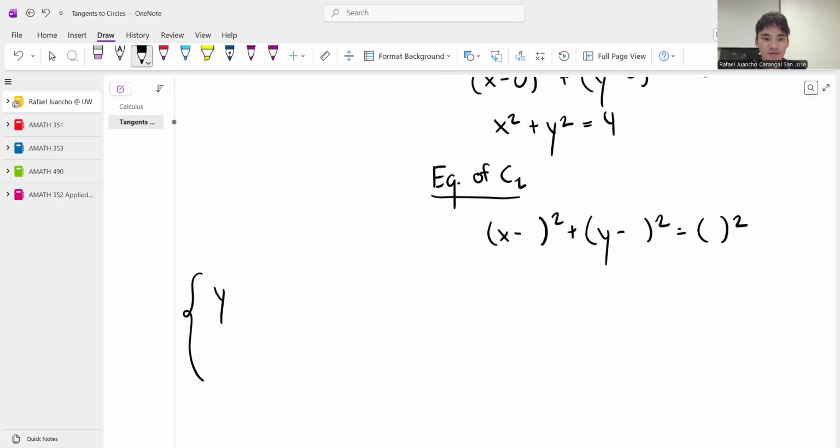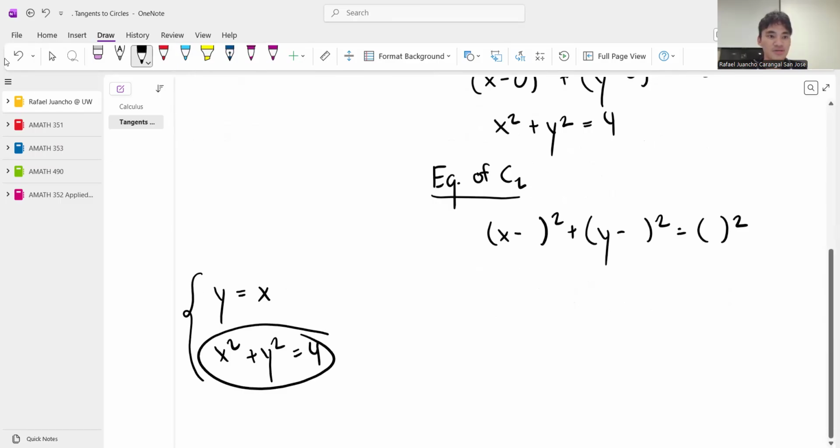What we're going to do is basically a system of equations, where we say y equals x and the equation of C1. Right? These are the two things. This one's a line. This one's a circle.